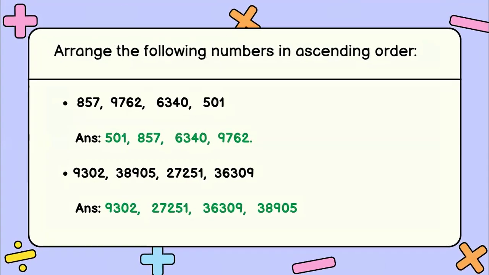Here, let's arrange the following numbers in ascending order and I will tell you how we got it. First, in this sequence, we have 857, 9762, 6340, and 501. As you can see, 857 and 501 only have 3 digits.